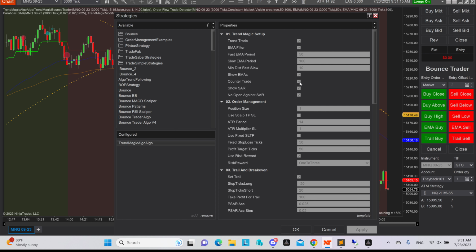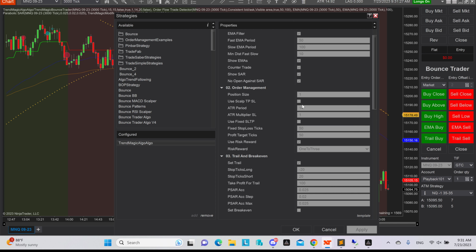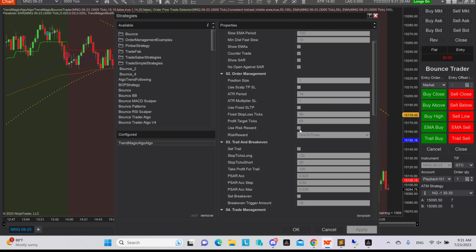I always keep the fast EMA and slow EMA checked, and right now it's going to be trailing based on the parabolic SAR, and I have my custom settings here. This is what I find works out the best for MNQ.